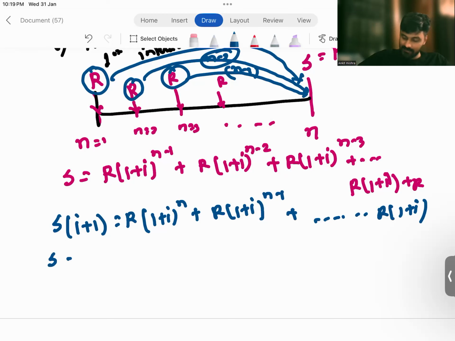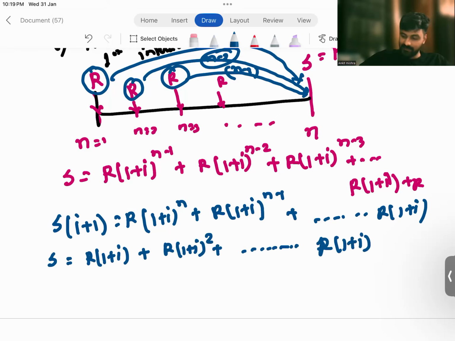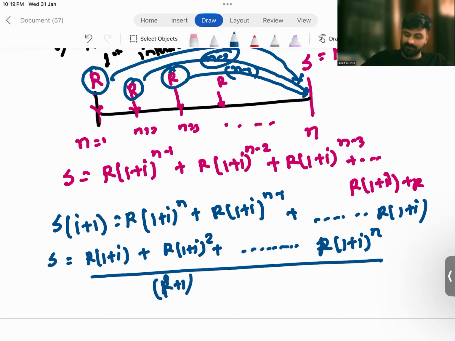S equals R into (1 plus i) plus R into (1 plus i) whole square, plus dot dot, up to R into (1 plus i) to the power n, and divided by i plus 1.